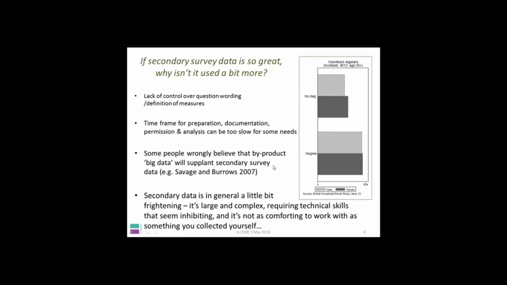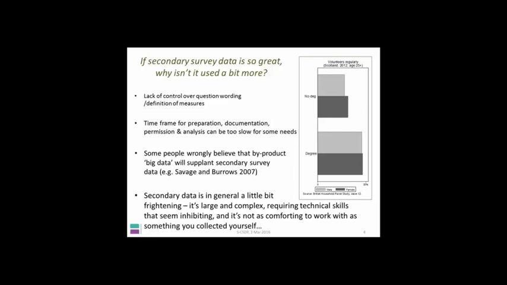The same people who are potentially users of secondary survey data resources are also potentially users of other forms of big data resource, and some people believe that the days of secondary survey data are numbered, in that other forms of big data, byproduct data, should naturally replace these large-scale, high-quality designed survey structures. And that's open to debate.